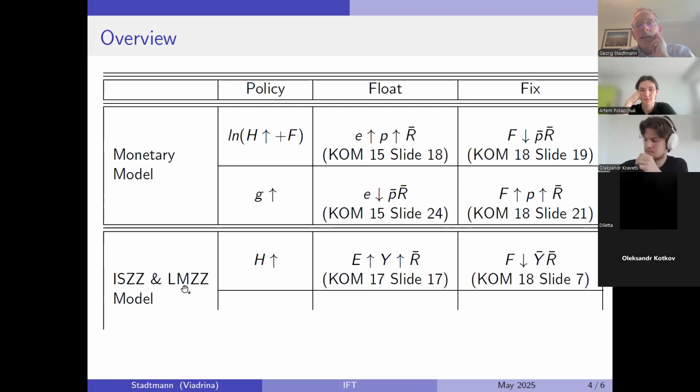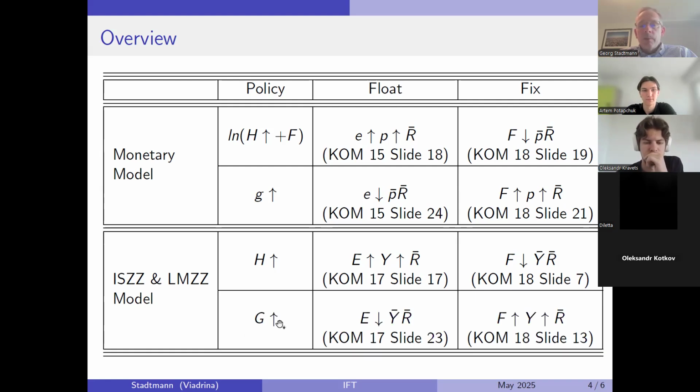And then the IS-ZZ, LM-ZZ model: when the central bank performs an expansionary monetary policy, this causes a depreciation, and this depreciation causes a positive expenditure switching effect. GDP is up. But in a fixed exchange rate system, no effect on GDP.